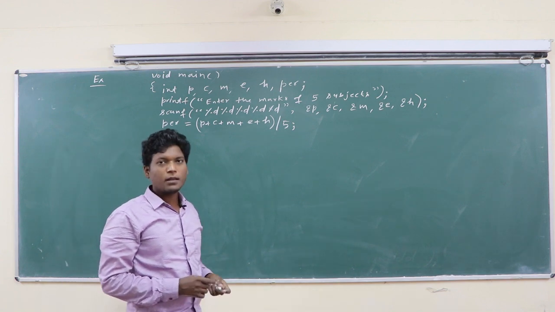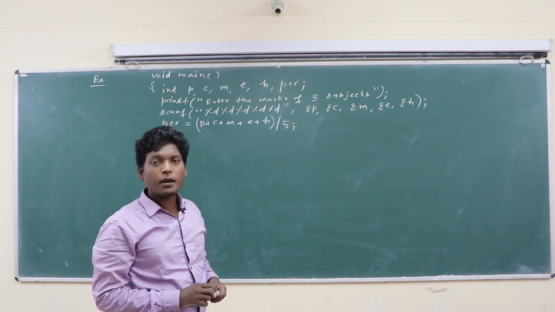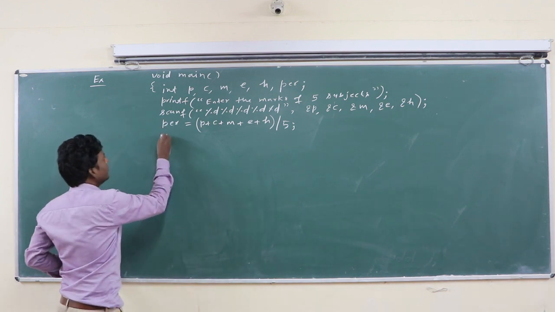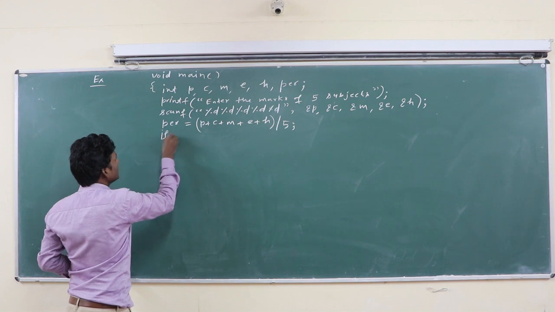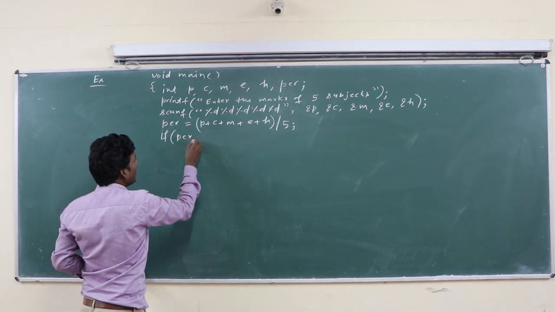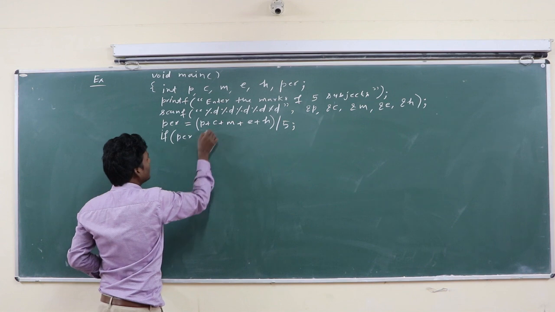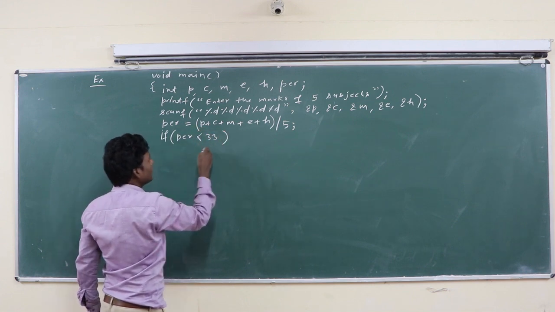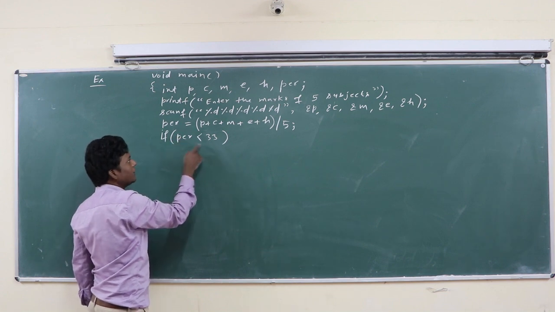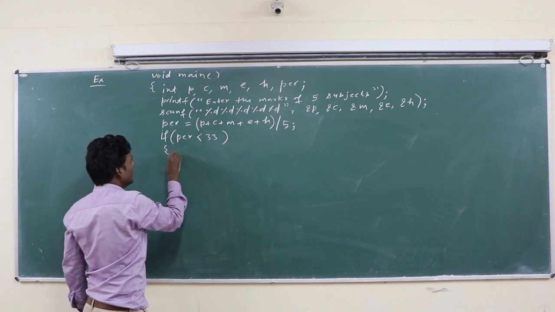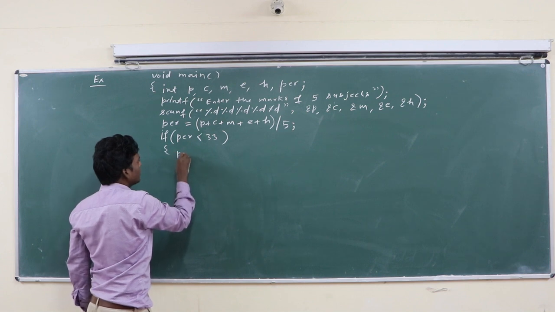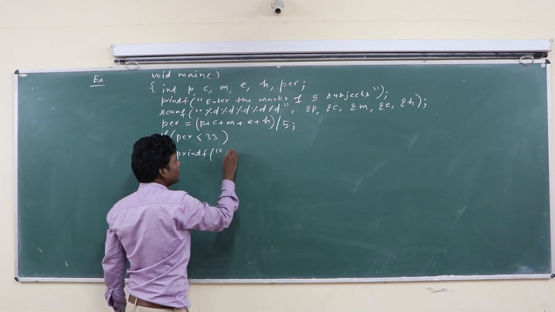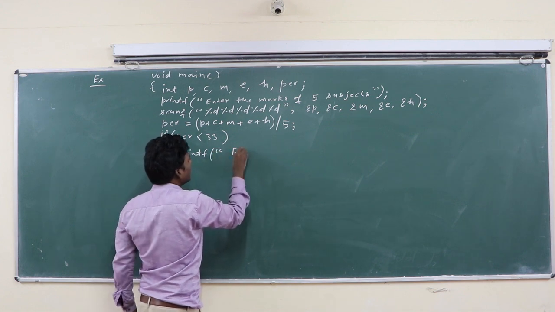Now we have to check whether he is fail or pass. If pass, then with what grade? Now if per is less than 33%, printf fail.